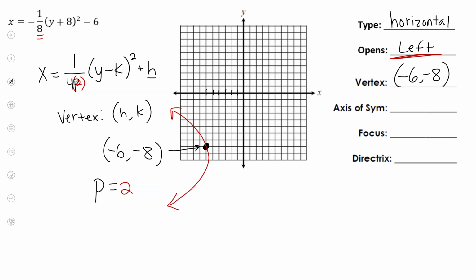Now, remember, your focus is a point inside of the parabola. So I'm going to go 2 spaces this way so that I am inside of the parabola. That's my focus. I'm going to go 2 spaces outside of the vertex, 2 spaces away from the vertex, to write the directrix.